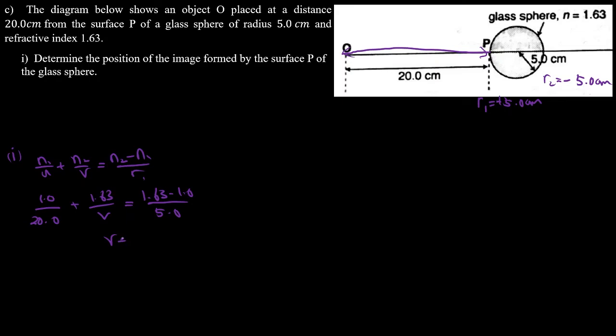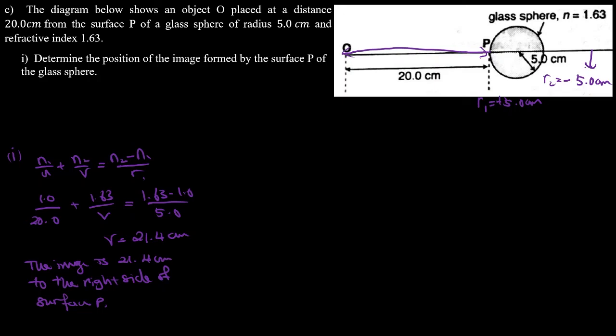So you will get the answer v as 21.4 centimeter. Use centimeter because all the values that I substitute are in centimeter. So this one is 21.4 centimeter from surface P. The image is located 21.4 centimeter to the right side of surface P. So 21.4 is actually here.